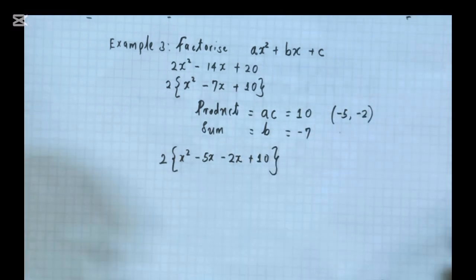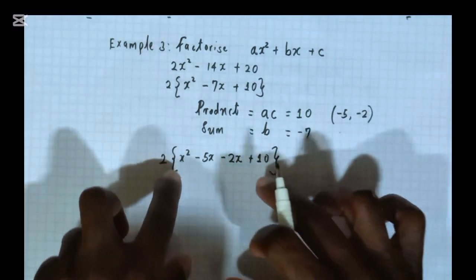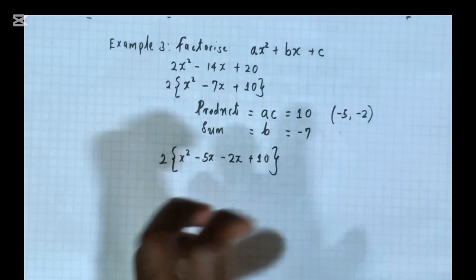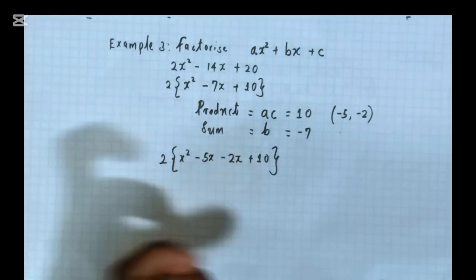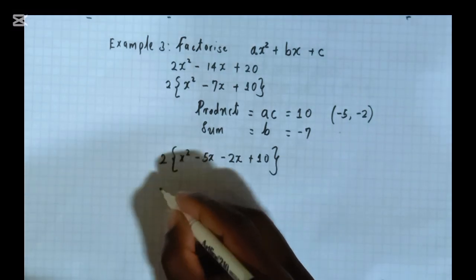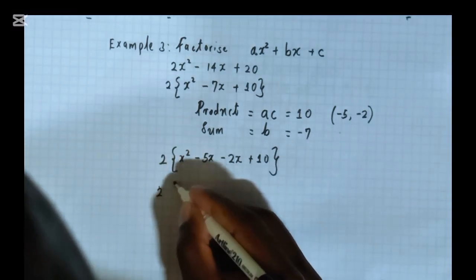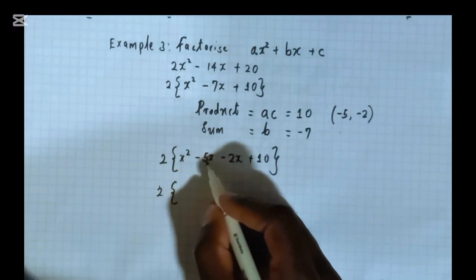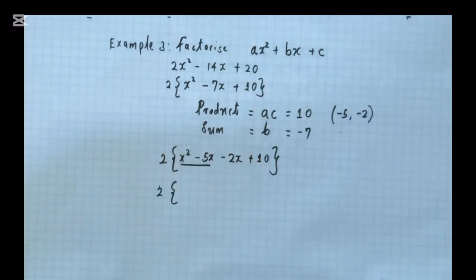We are focused mainly on what we have in our curly bracket. Now that we have it in this format, we are going to think of the terms in pairs, find the common factor, and use that to factorize this expression. So this is going to be 2 into, first, x squared and negative 5x.